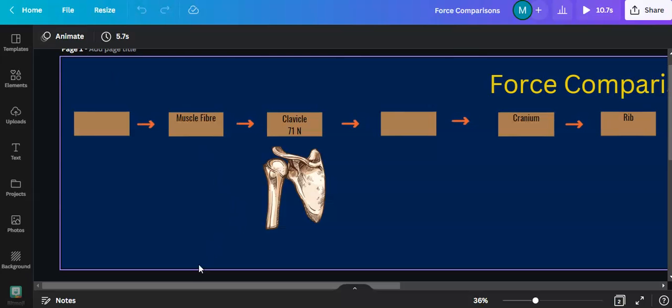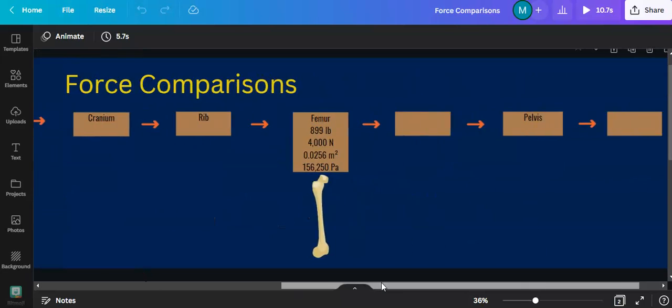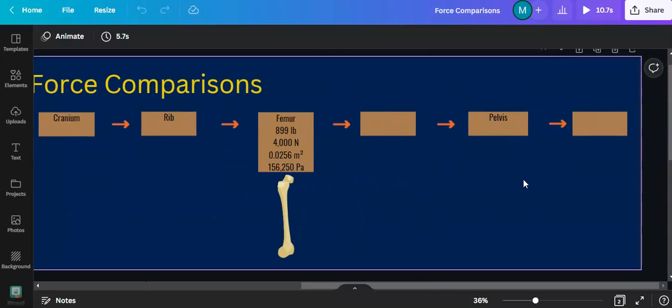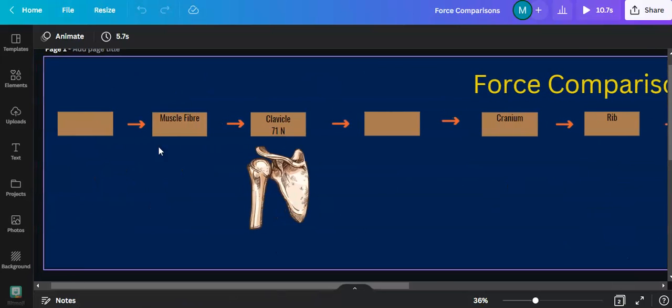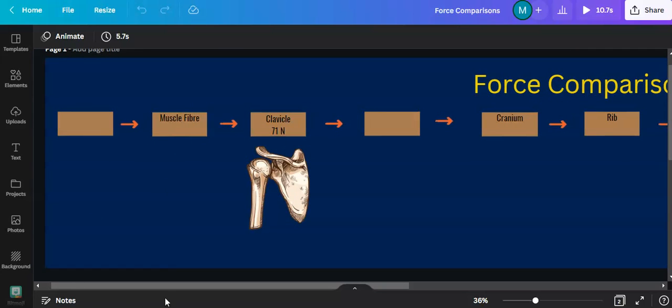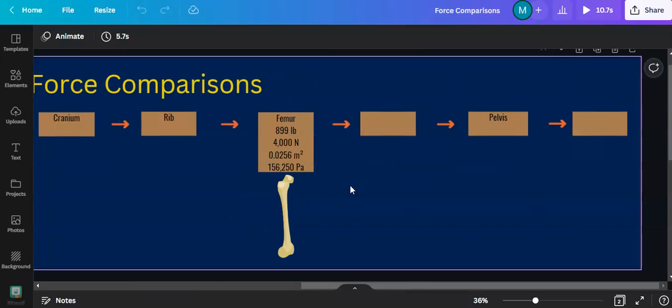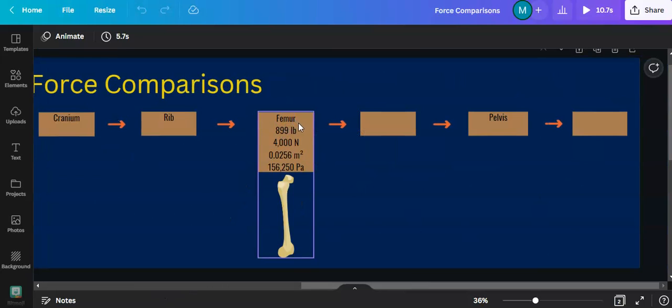Let's go ahead and go over the template example. So we're going to arrange these from least amount of force needed to break to most amount of force needed to break. We want to include the name of the object, such as femur.